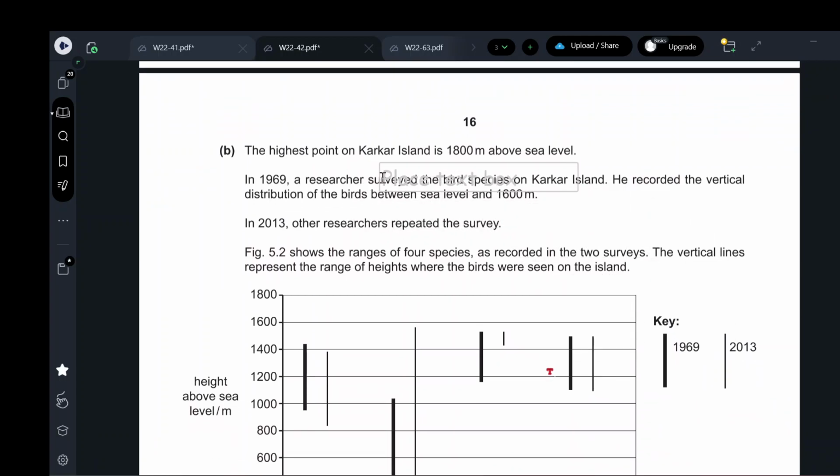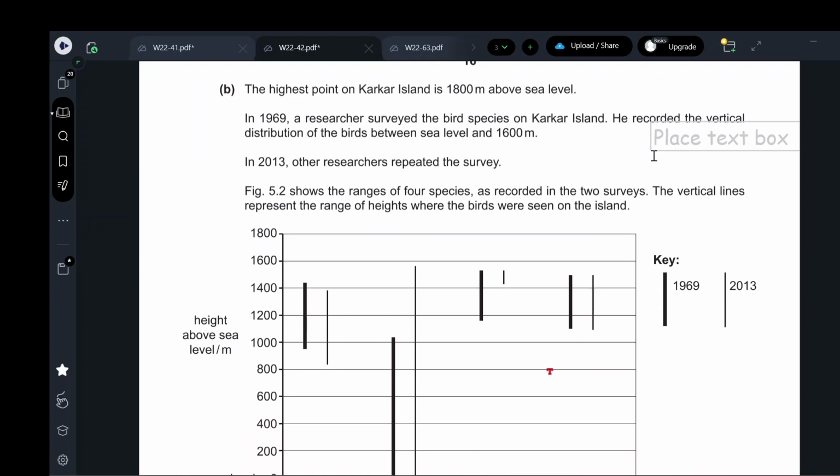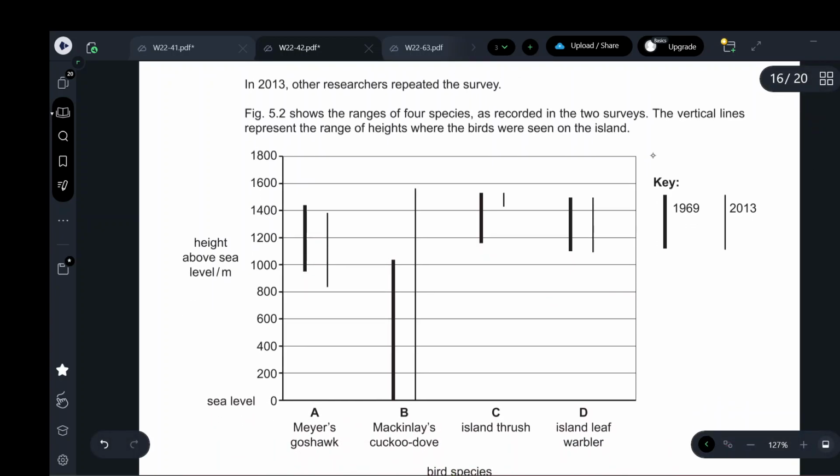The highest point on the Carker Island is 1,800 meters above sea level. In 1969, a researcher surveyed the bird species on the island. He recorded the vertical distribution between sea level and 1,600 meters. He's checking the population of birds.